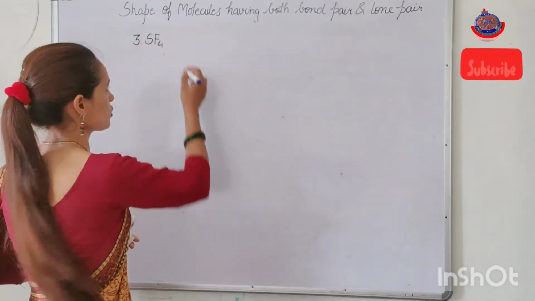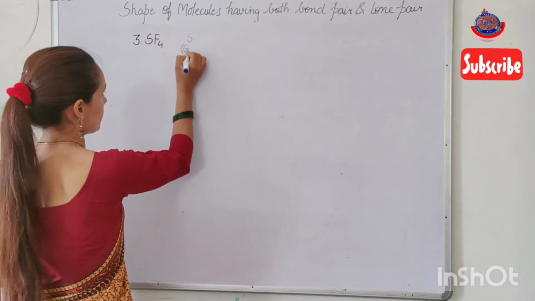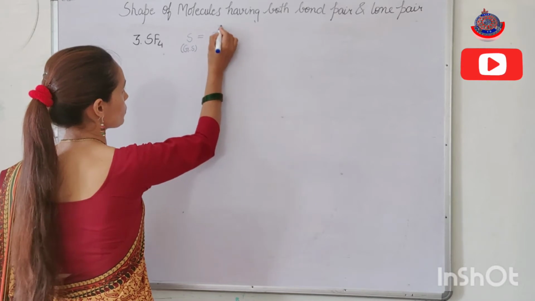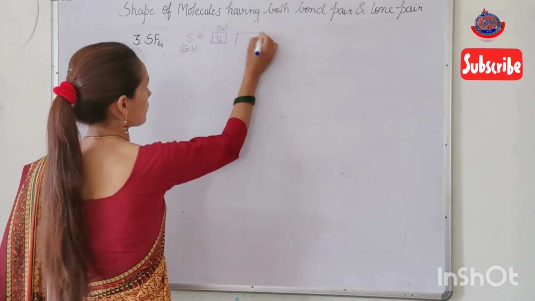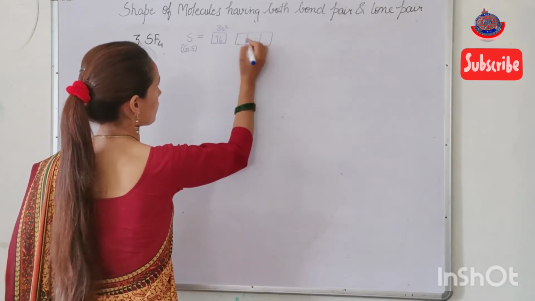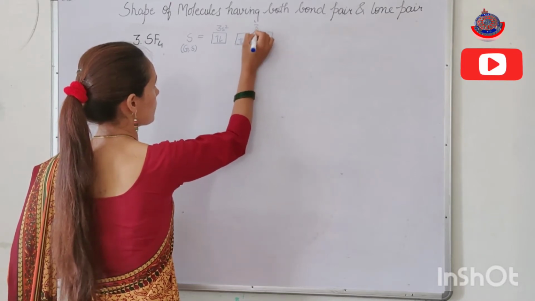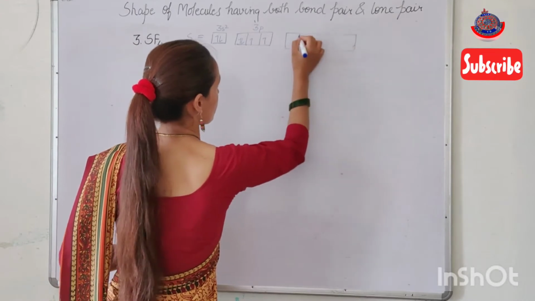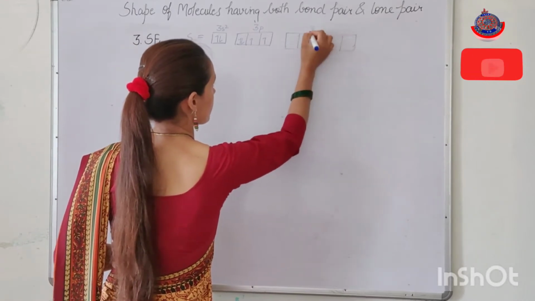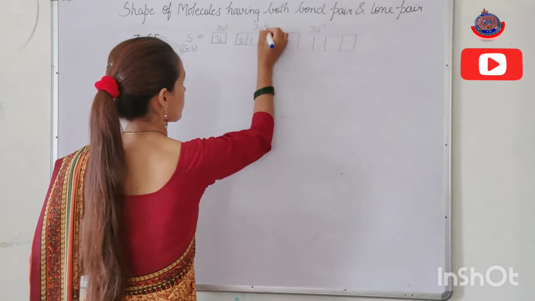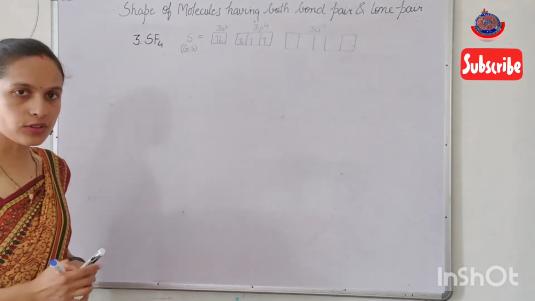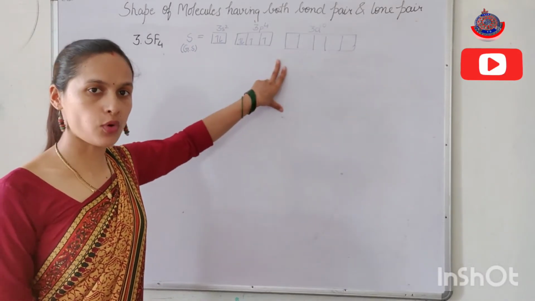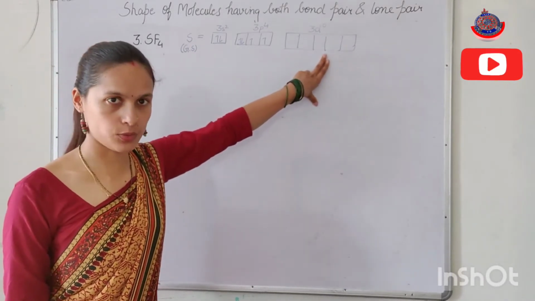So the electronic configuration of sulfur in the ground state is 3s2, 3p4 and 3d0. Clear? In the ground state, the configuration of sulfur is 3s2, 3p4 and 3d0.